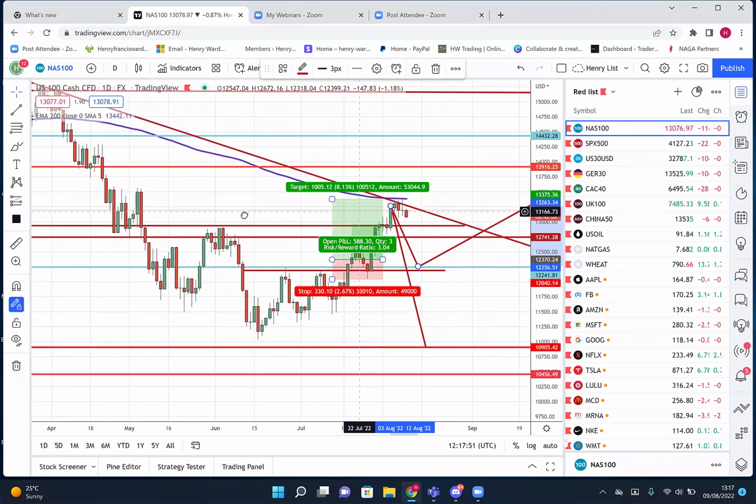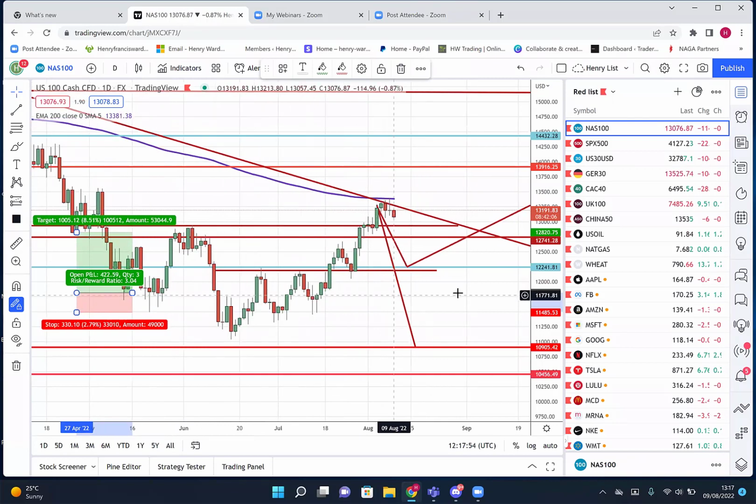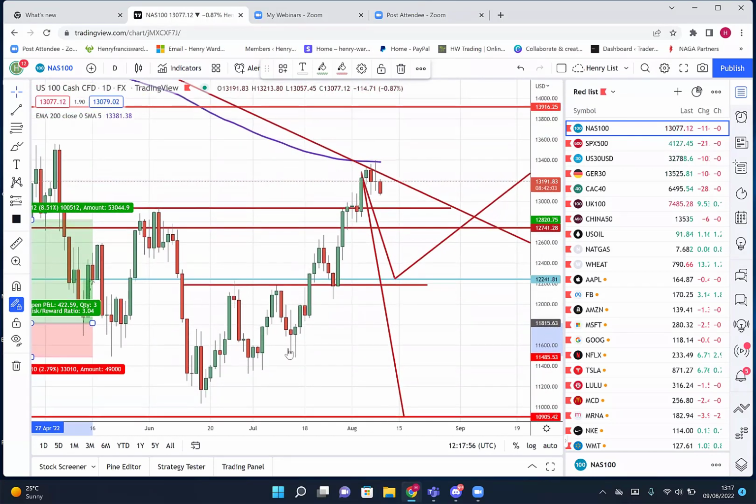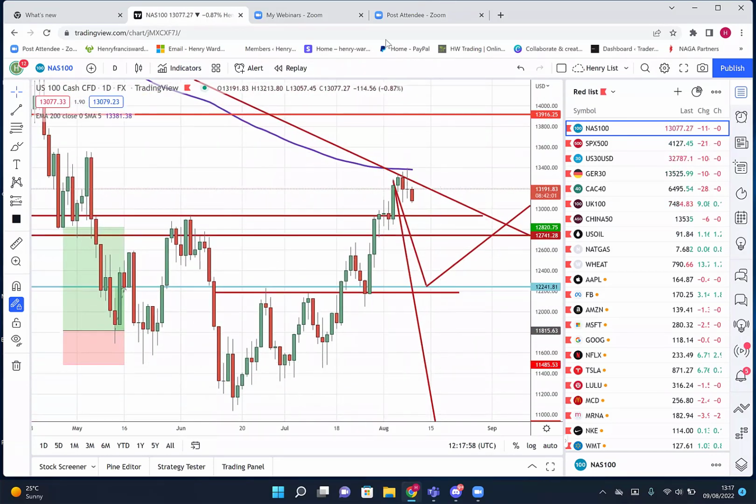So just to give you a little refresher on where the good buy signals are compared to, say, the bad signals. I'll change this to blue. So previous high.